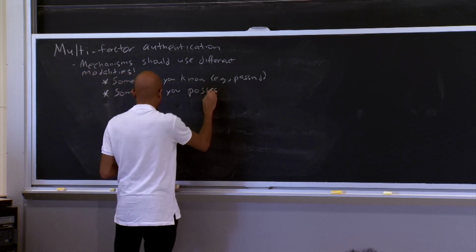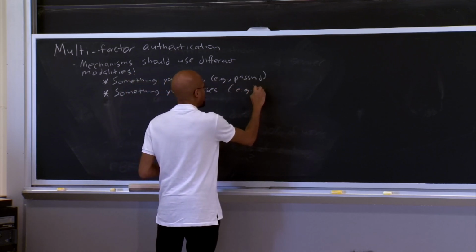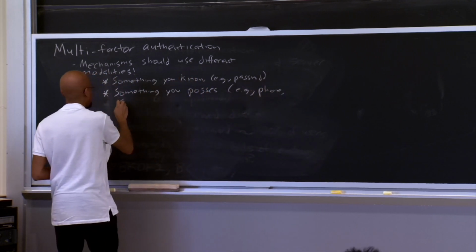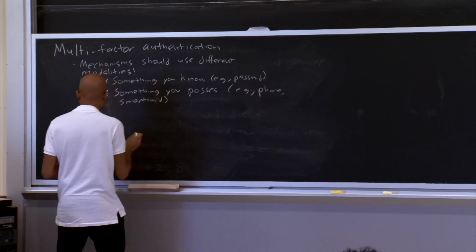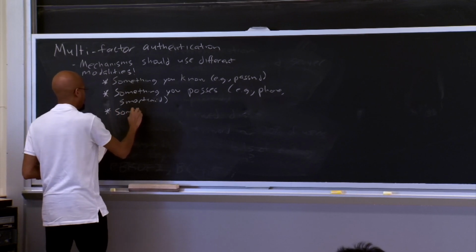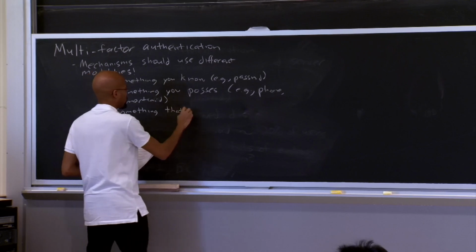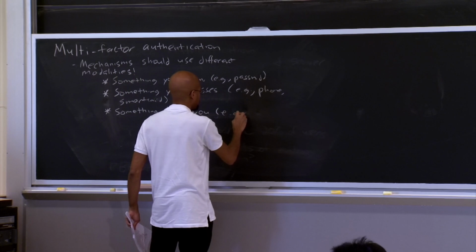And an example of this might be a cell phone, maybe a smart card, something like this. And then maybe another modality will leverage something that you are. And this is, for example, what's done by biometrics.